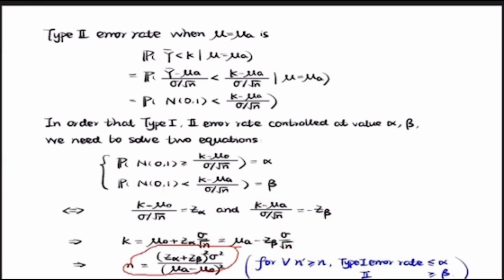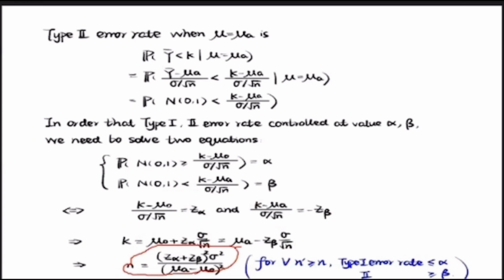If you want to determine your sample size, that is the formula to use, which means in the formula, I need to check from the table z alpha, z beta, because of course you are going to be the one that will set your value for alpha and the value for beta. Then I need to know the sigma squared. Of course, I know the mu A and the mu naught. Any question on that?